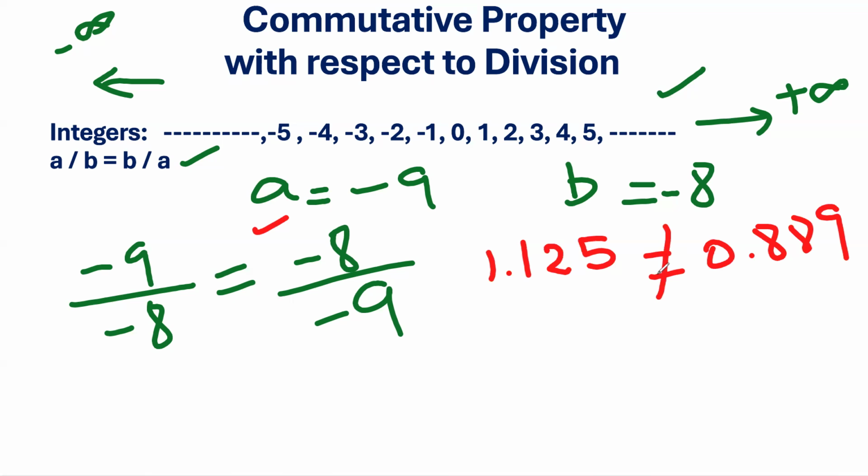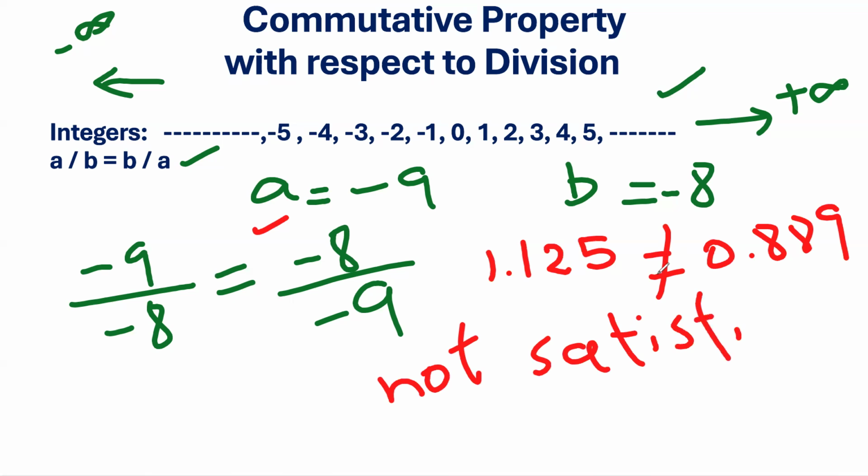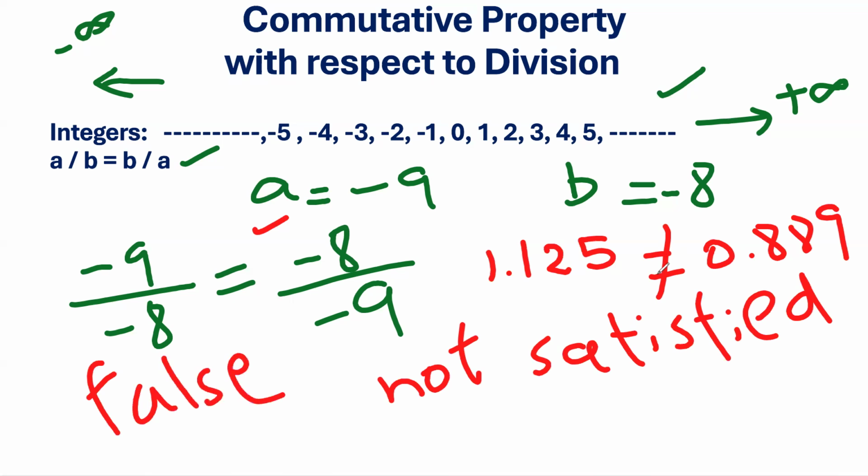They both are not equal to each other. So this property is not satisfied. With respect to division, this property is false. So what is the result? Commutative property with respect to division in the set of integers is false. Is not satisfied.